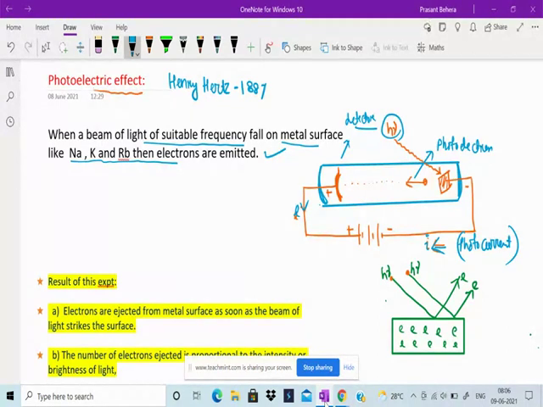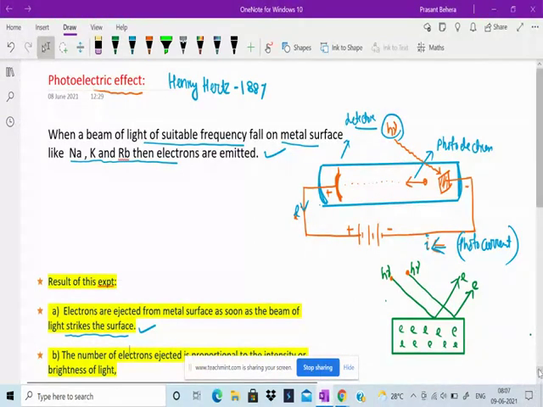First, electrons are ejected from the metal surface as soon as the beam of light strikes the surface. That means there is no time lag. As soon as the light beam having suitable frequency falls on the metal surface, electrons are ejected. This is the first result of this experiment.